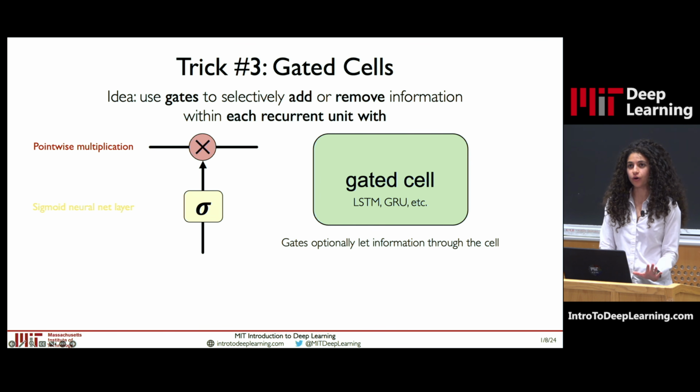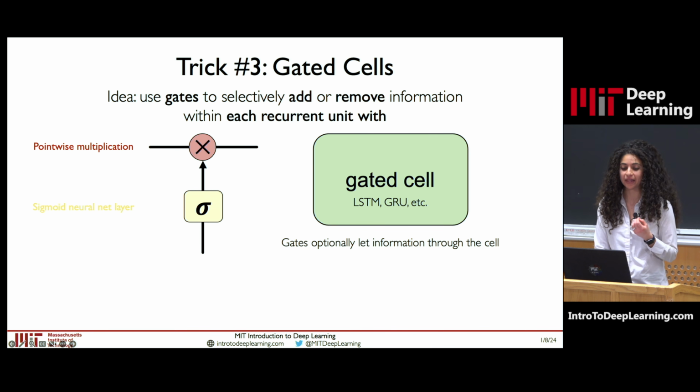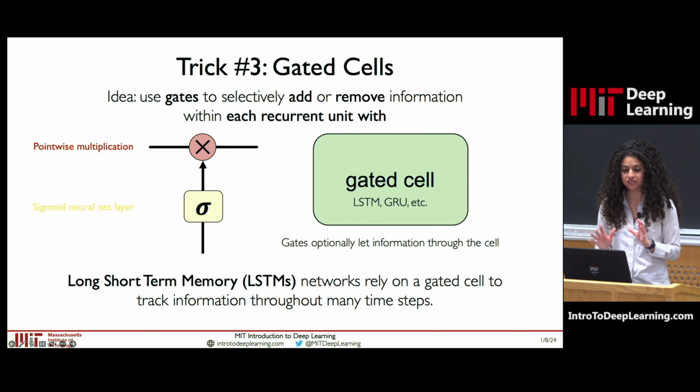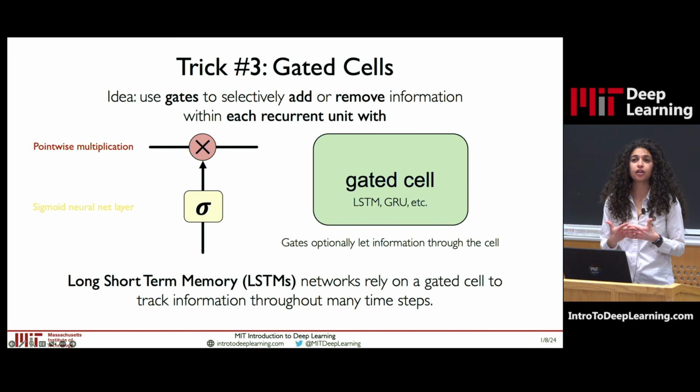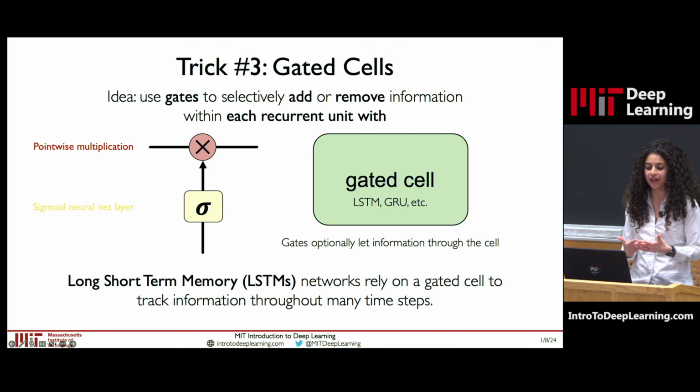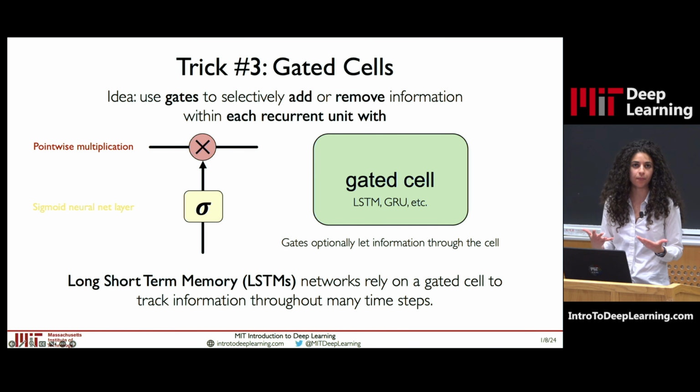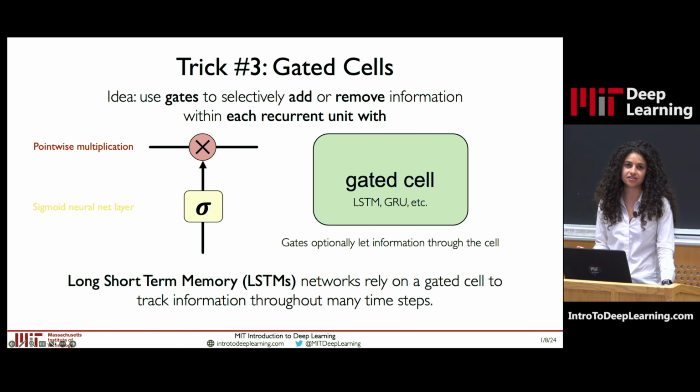We're not going to go into detail about how gating works mathematically for the sake of time and focus, but the important thing I want to convey is that there's a very common architecture called the LSTM, or long short-term memory network, that employs this notion of gating to be more robust than a standard RNN in being able to track these long-term dependencies.